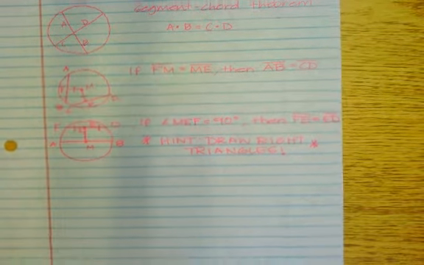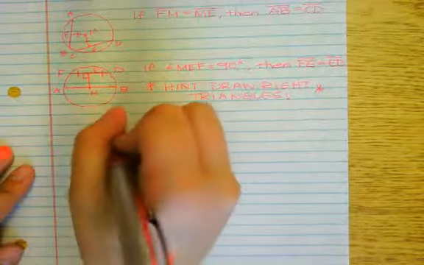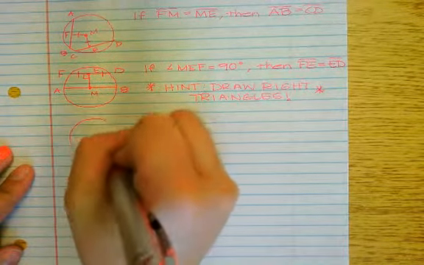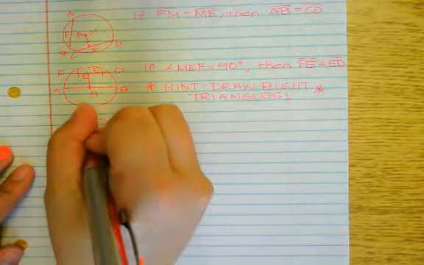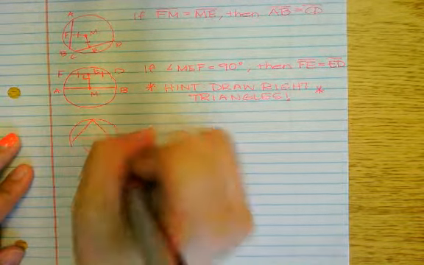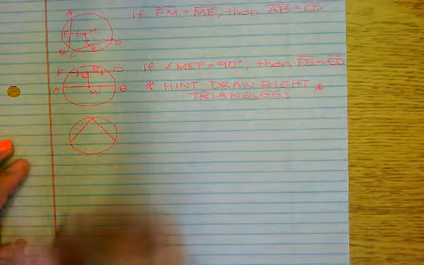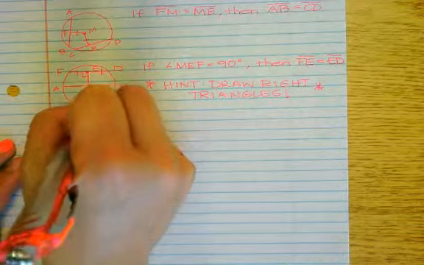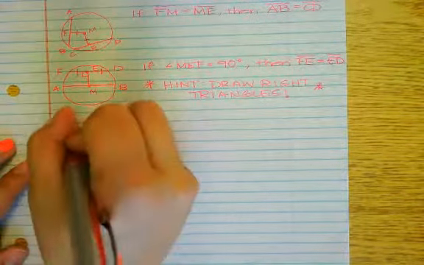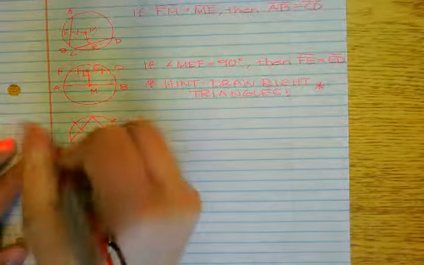And the last one. If these two chords are congruent, these two arcs are also congruent. So let's write that.